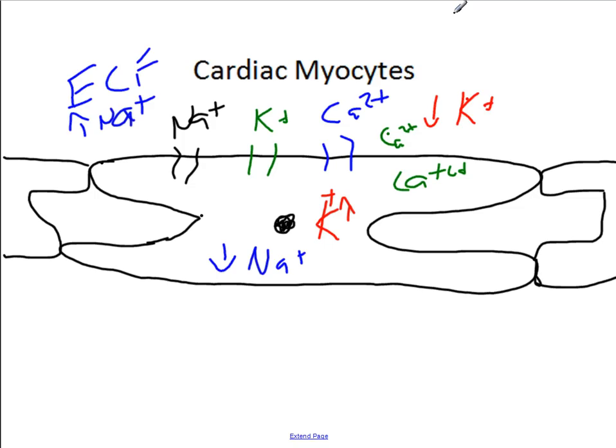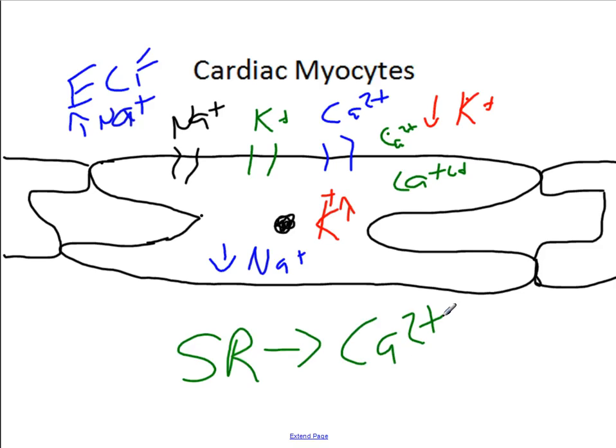cardiac muscle cells are similar to skeletal muscle cells in that they have an SR. Remember, SR stands for sarcoplasmic reticulum, and you know that this is basically an intracellular storage facility for calcium ions, which play a pivotal role in the contraction of a muscle cell.